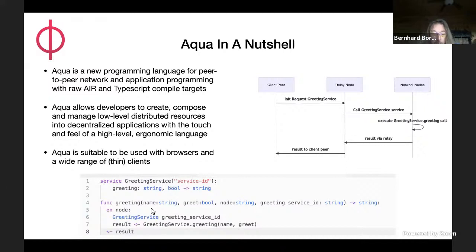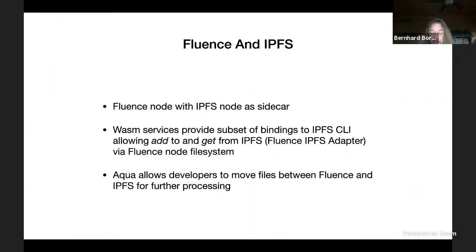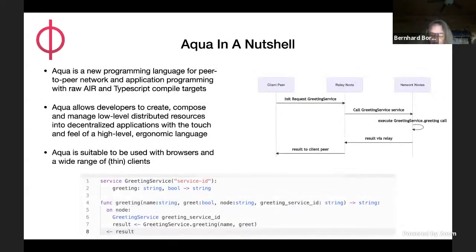And on that node, we now establish that binding to that service ID. We call the namespace with that function. We get the result back on that node, and then we return the result back to the relay and eventually to the client. And this is what we indicated in the diagram.